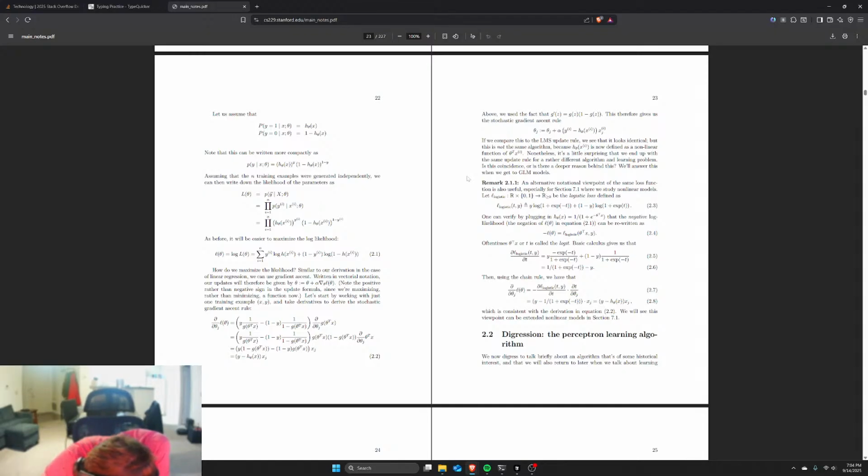That one should be actually positive, so that one's a theta t x I, negative first. The log of something to the negative first, we can just pull that out, can't we?